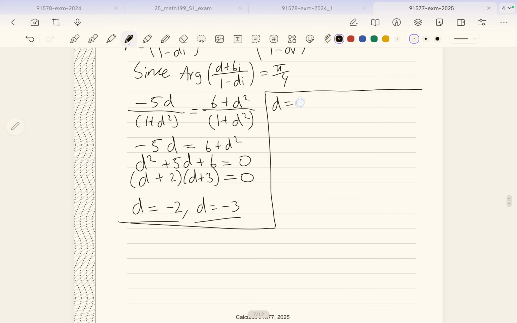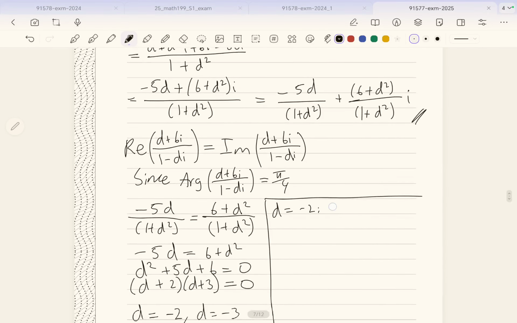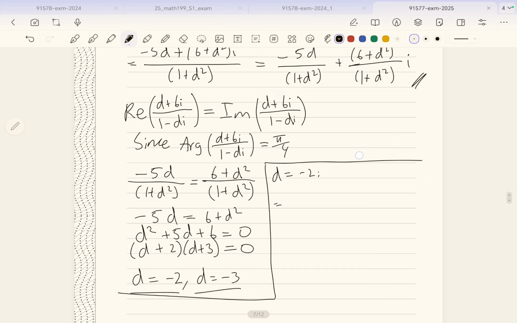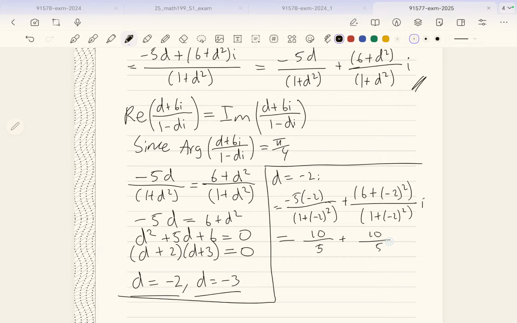So for d is equal to negative 2, we get that the expression is minus 5 times negative 2 over 1 plus negative 2 squared plus 6 plus negative 2 squared over 1 plus negative 2 squared i. This gives us 10 on 5 plus 10 on 5i, which is 2 plus 2i.